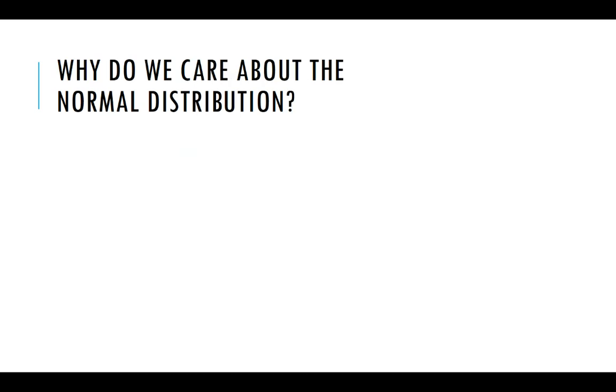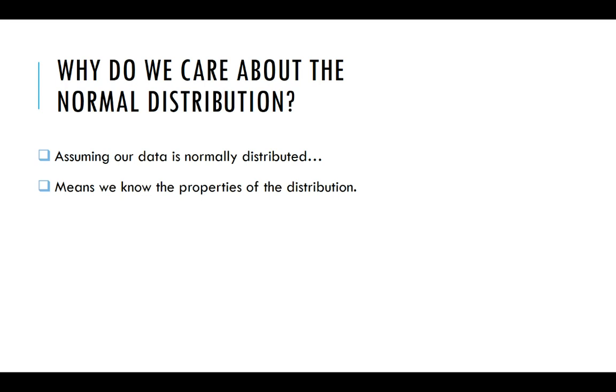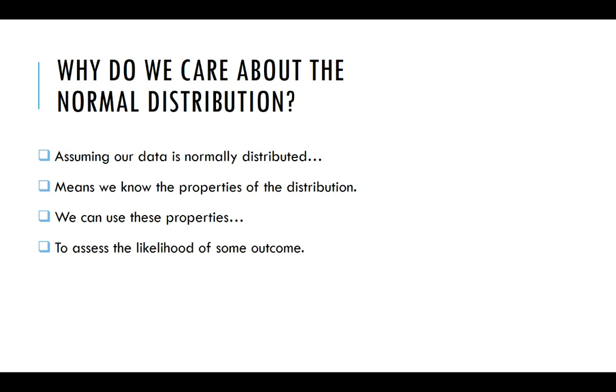Now, why do we care about the normal distribution? Well, assuming our data is normally distributed means we know the properties of the distribution, right? We just looked at some properties of the distribution. And that means we can use these properties to assess the likelihood of some outcome, right? We just said I can be 95% certain that if I draw an observation from this distribution that it will fall within 2 standard deviations of the mean.